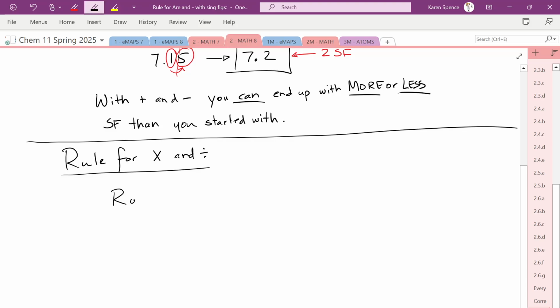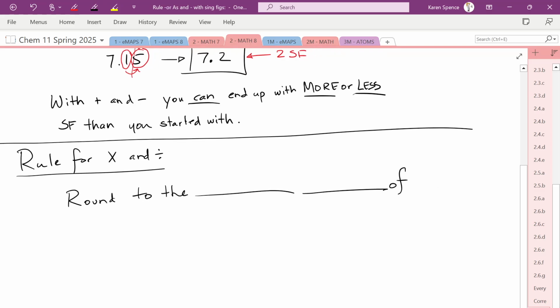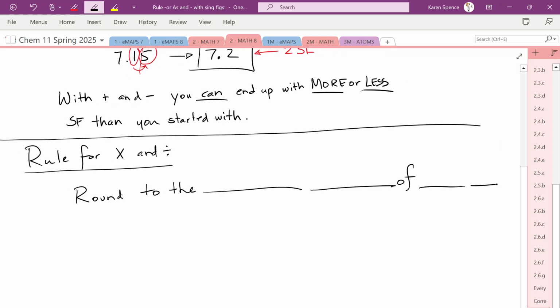No. It is round to the smallest number of sig figs.